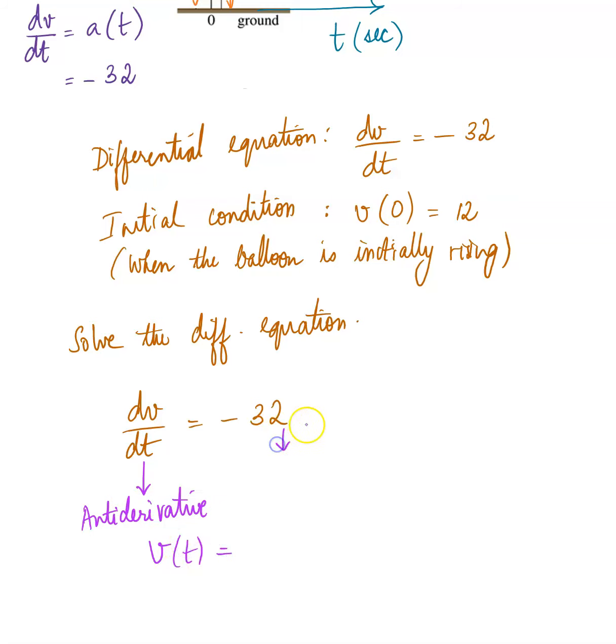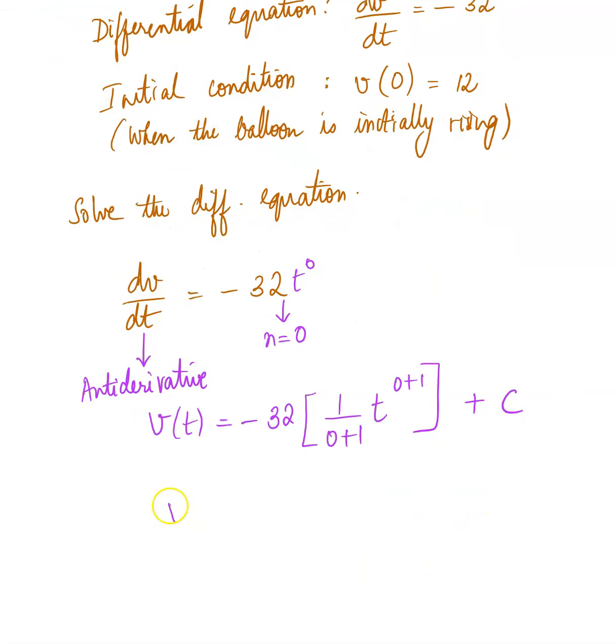So here we know that this is t, right? There's no x here, but it's t. That would be t power 0. So it's like n is 0. So that will be negative 32, 1 over 0 plus 1, t power 0 plus 1, and of course a plus c. v of t is negative 32 t plus c.